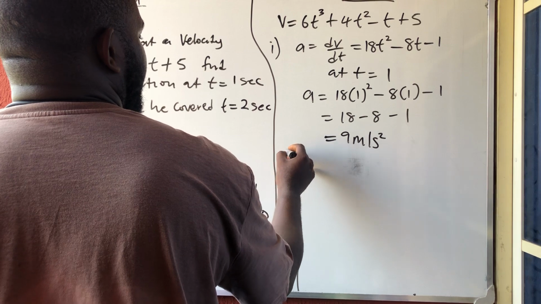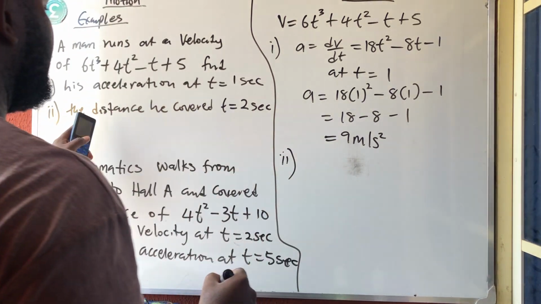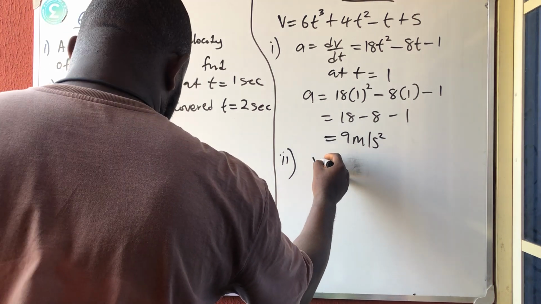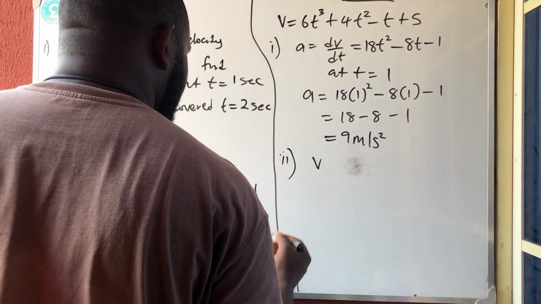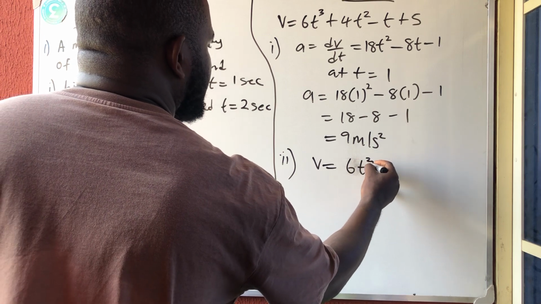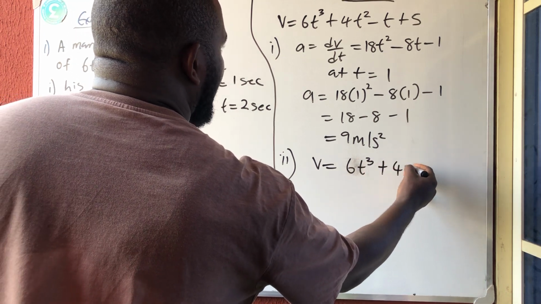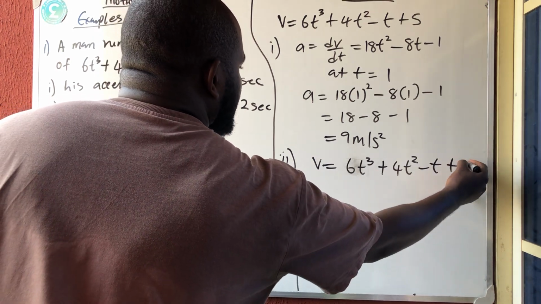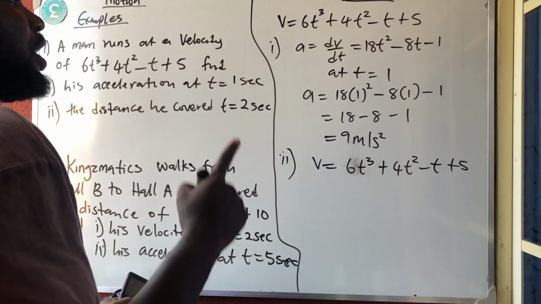Then I said calculate the distance. They gave us that the velocity is equal to 6t cubed plus 4t squared minus t plus 5. Please, we are going back now.